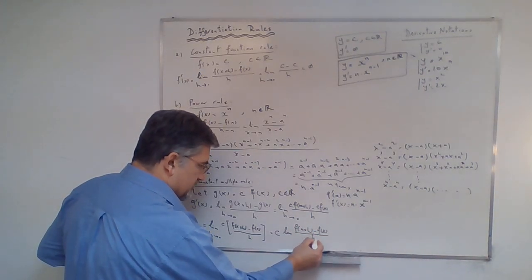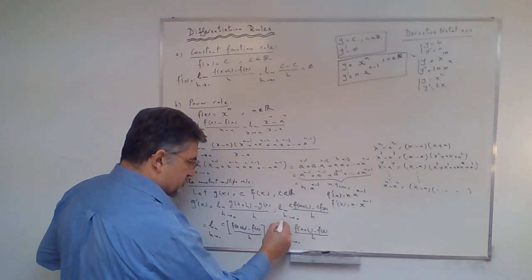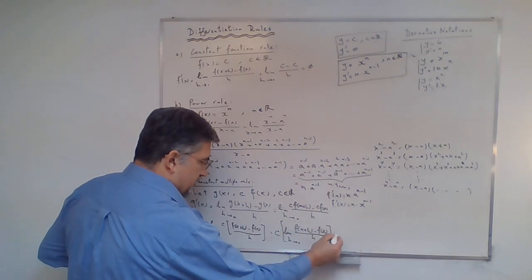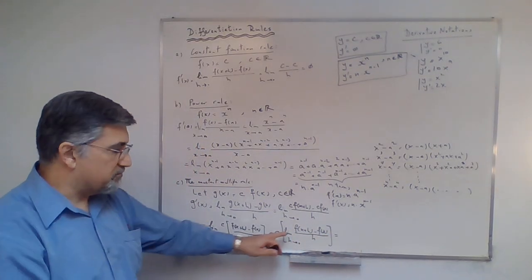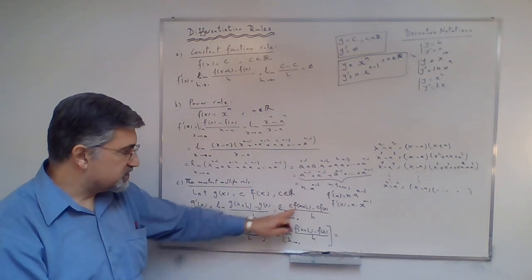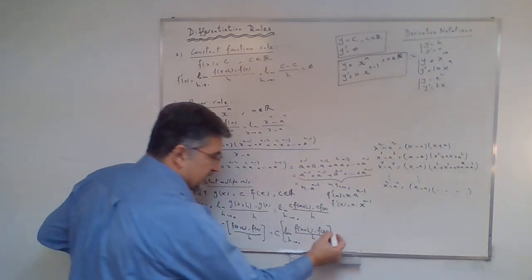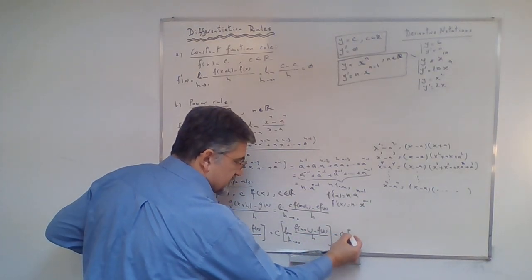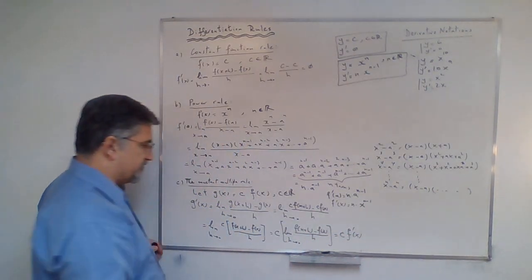And this limit I just wrote here is familiar to you. You have seen this formula many times in the past. This is actually f prime of x, the derivative of f of x. So that's going to be c times f prime of x.